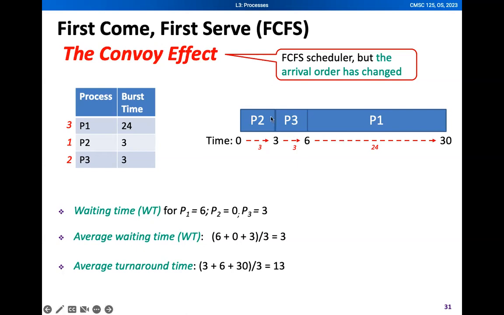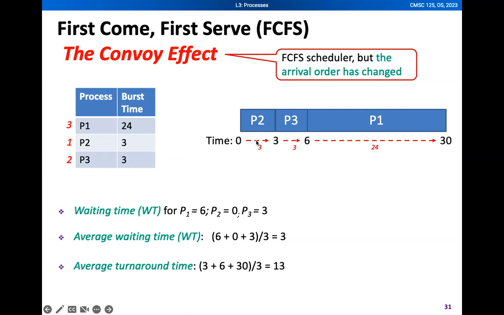So for this, we have to assume that all of these processes arrive at time 0. Okay, time 0. Now, we simply have to subtract the arrival time from the time it completed. So for P2, it is 3 minus 0.